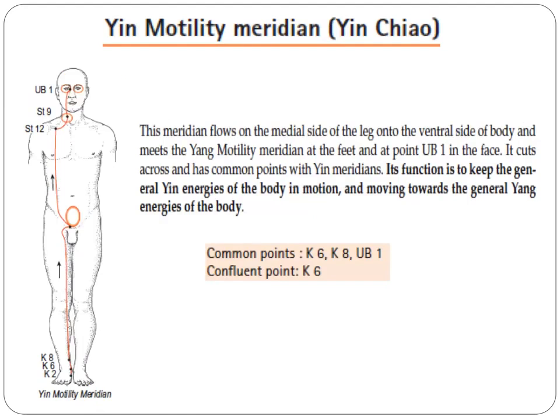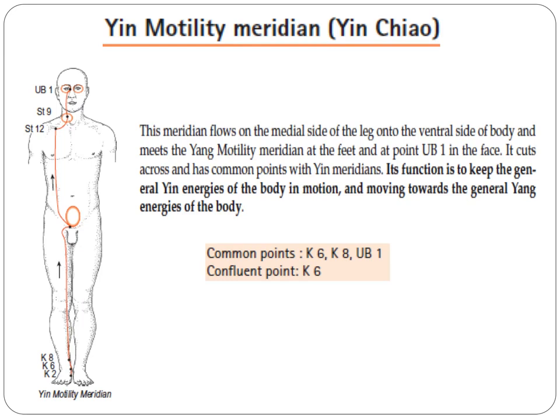Okay. So now we'll go to Yin motility or the Yin Qiao meridian. This meridian flows on the medial side of the leg onto the ventral side of the body and meets the Yang motility meridian at the feet and at point bladder 1 in the face. It cuts across and has common points with Yin meridians.